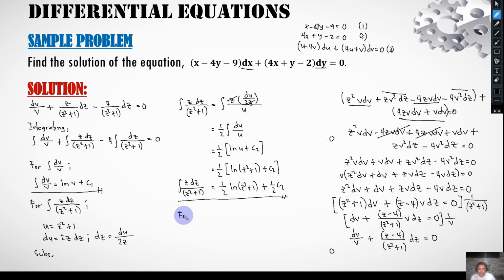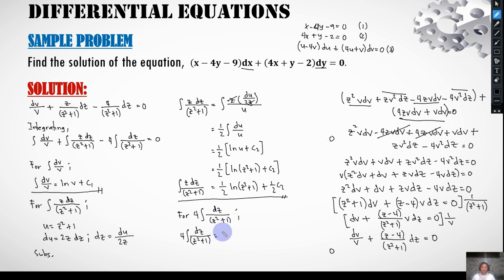For the next term, 4 over z squared plus 1, we have the integral of dz over z squared plus 1, so we have 4 times the integral of dz over z squared plus 1.